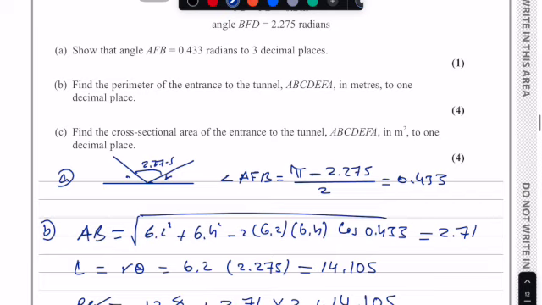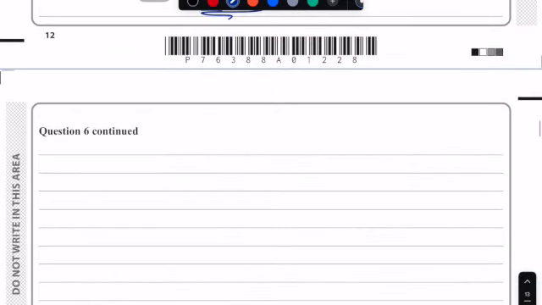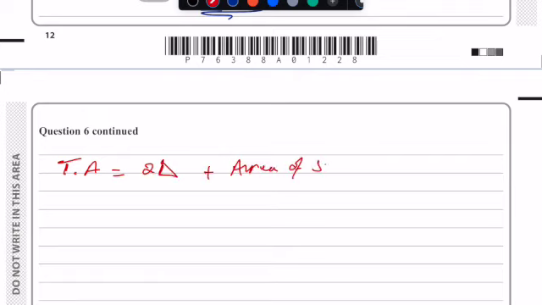Then go to the last question. Find the cross-sectional area of the entrance of the tunnel. So we need to find the total area. First, we are going to say that the total area is the area of the two triangles. We have two triangles plus area of sector.